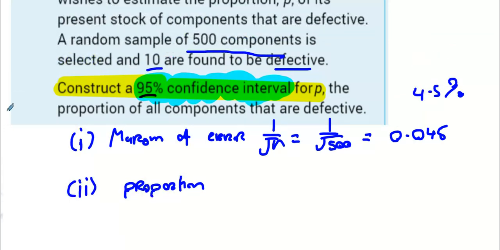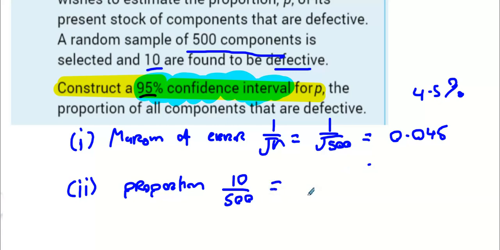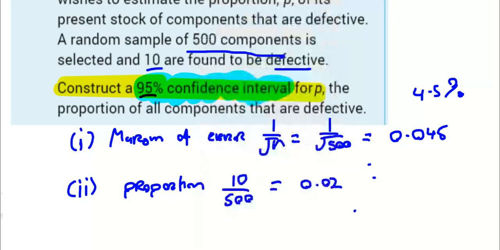It's in the question: 10 out of how many? 10 out of 500. What is 10 out of 500? 0.02.